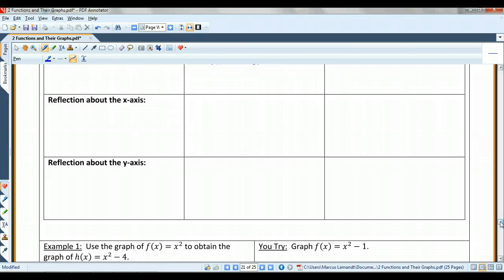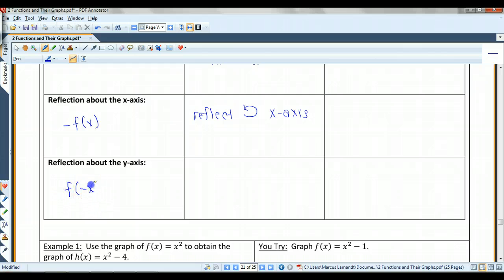Reflection about the x-axis. If you make it negative, it reflects about the x-axis. Okay, reflect about the y-axis.